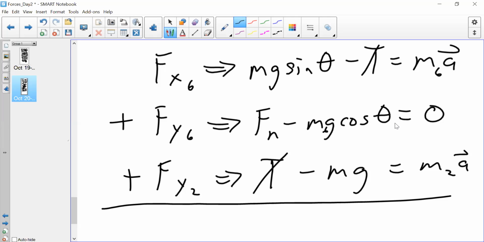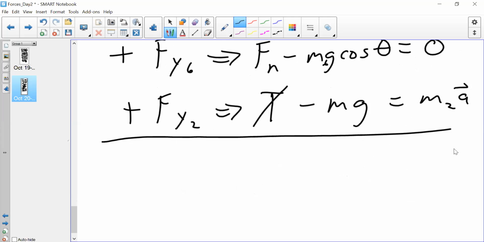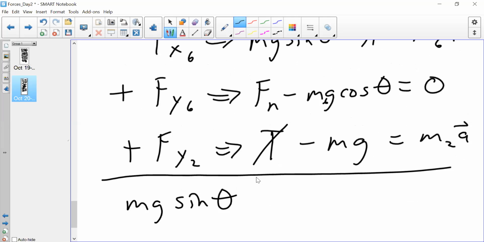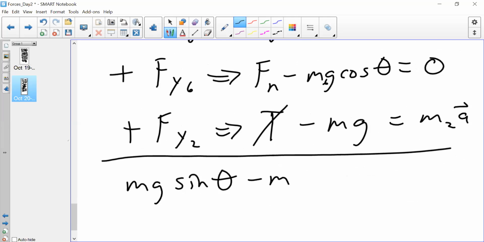Since we want to find acceleration, just add these two equations together. mg sine theta minus mg equals m1 plus m2 times a, that is, m6 plus m2 times a, because they're moving as one system.